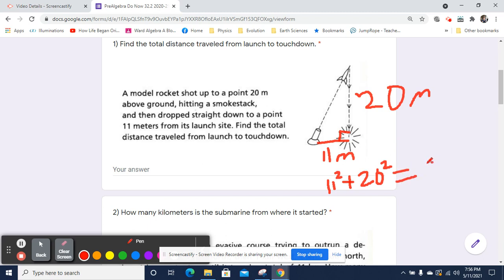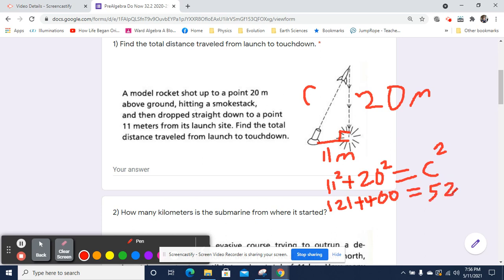So we'll call that c, okay? So that's going to be 121. That'll be 400. And so our answer for c squared is going to be 521.